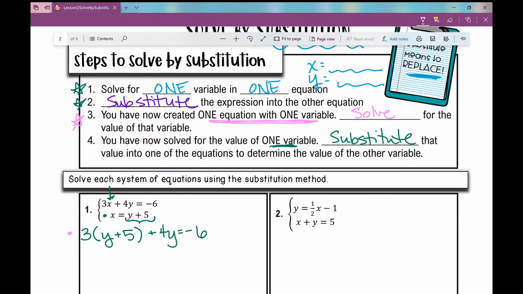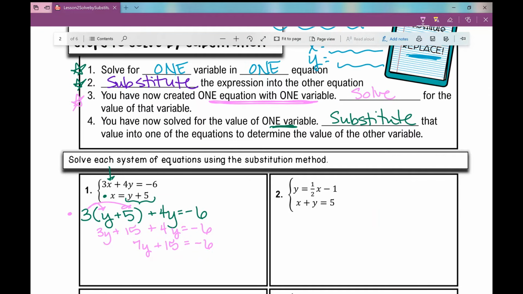Now I can solve for the value of the variable. Distribute the 3 into each term inside the parentheses. So 3y plus 15 plus 4y equals negative 6, and now I need to combine like terms. 3y and 4y is 7y, plus 15 equals negative 6, and now I'm going to subtract 15, and I get 7y equals negative 21.